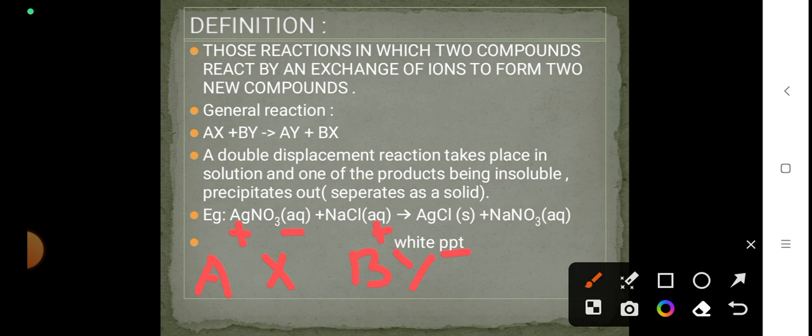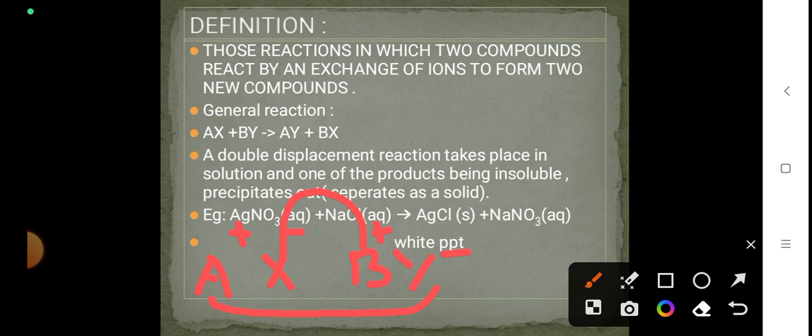Since the reacting species are ionic compounds, we can easily expect exchange of ions between them. It would lead to the reaction between A plus and Y minus as product, that is AY, and similarly the reaction of B plus and X minus to give rise to BX. So this is the general reaction of double displacement.